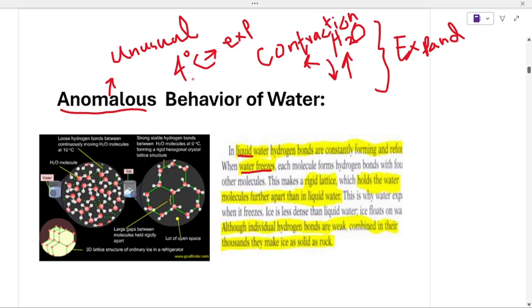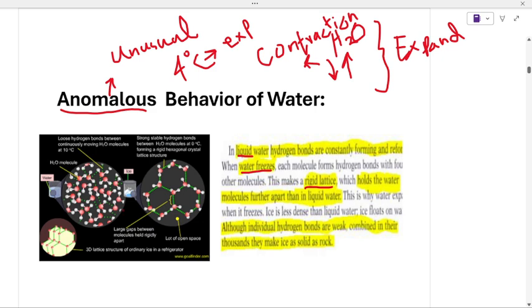As we have mentioned before, at 4 degrees centigrade, instead of contraction, it shows an expansion process. So what happens basically, when the molecules reach 4 degrees centigrade, they show a particular arrangement. When they are at the level of ice, the water molecules arrange themselves into a specific hexagonal structure called a rigid lattice.